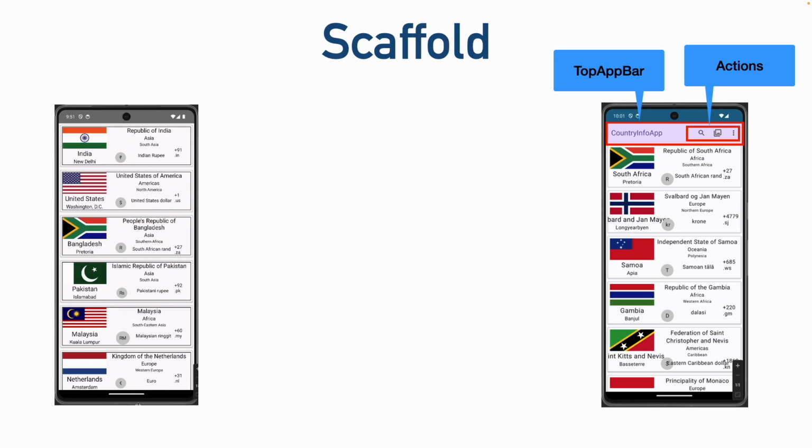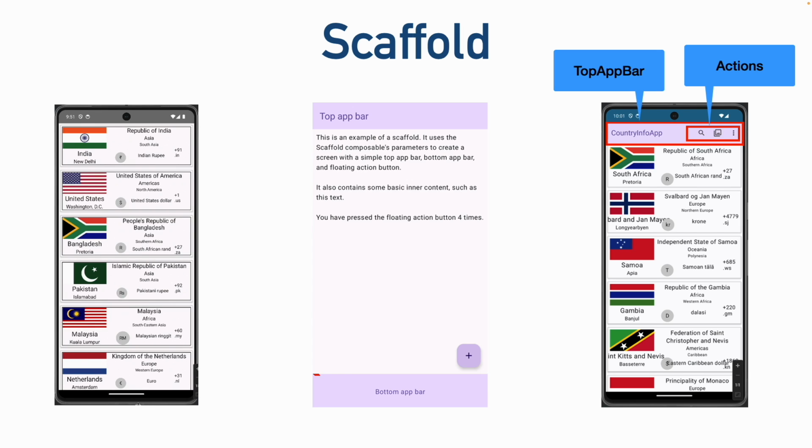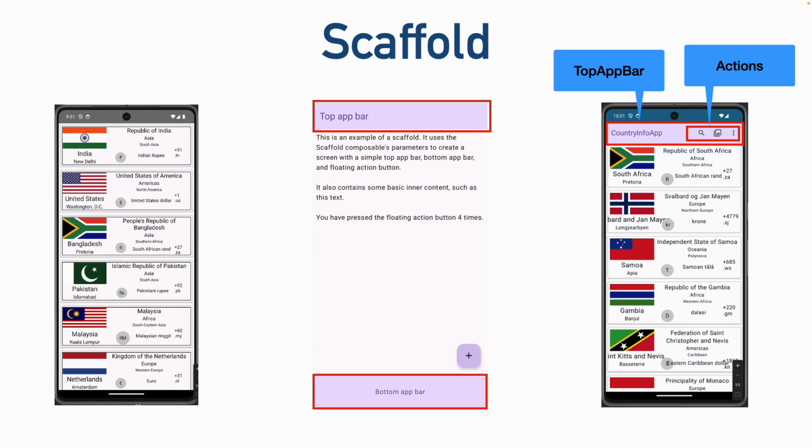And Scaffold doesn't just contain the top app bar, it contains more than that. For example, it contains a bottom app bar along with the top app bar, and other than that you can have a button which is floating on top of the basic central view of the application, and no wonder it is called a floating action button.